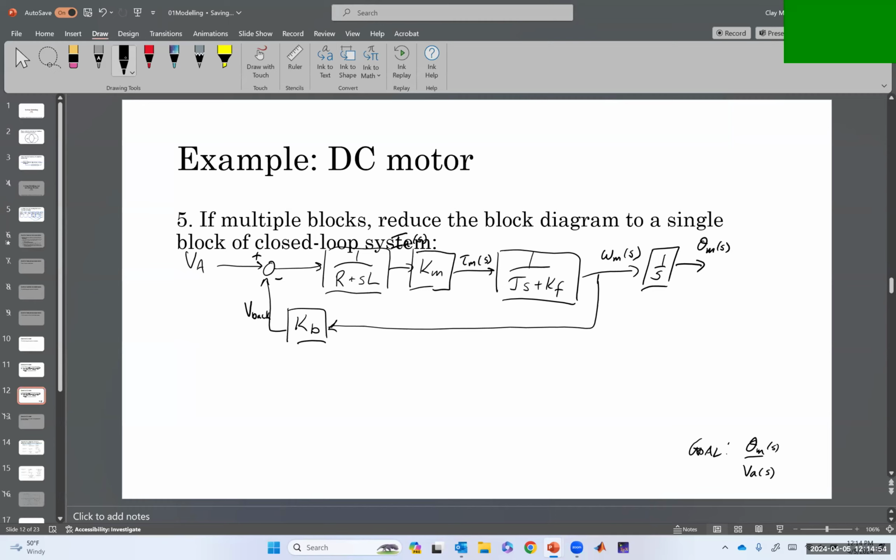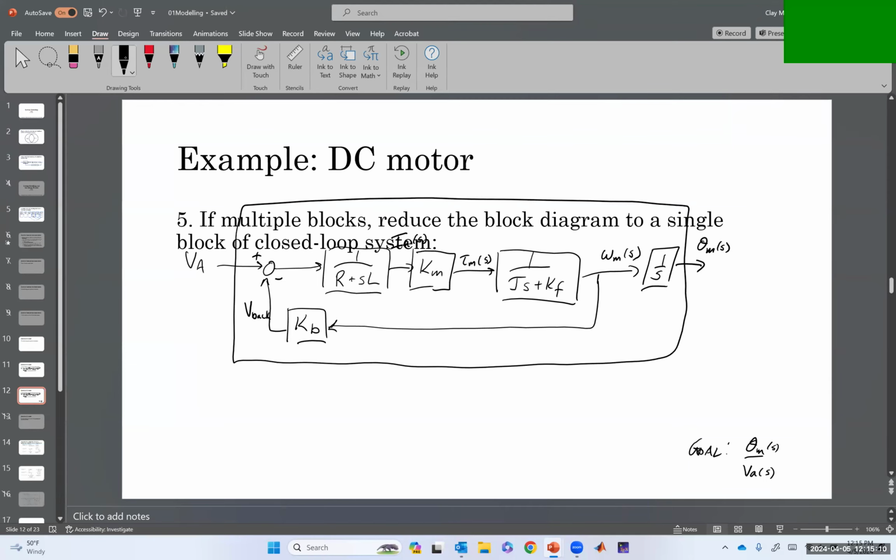A single transfer function, one polynomial divided by another polynomial. So graphically, we're going to wrap all of this as a single block. That's the goal.